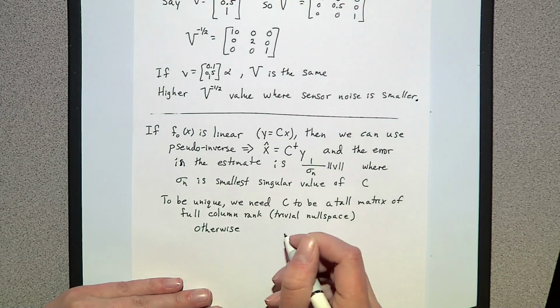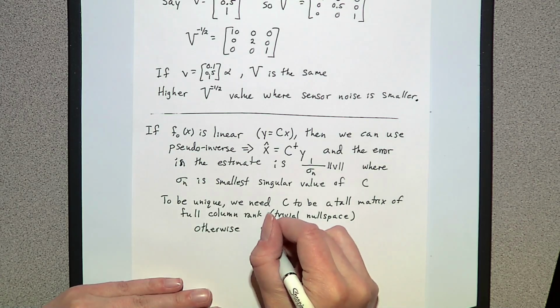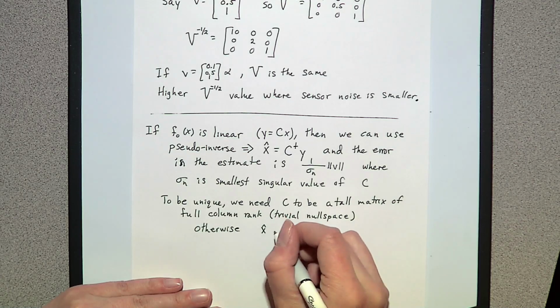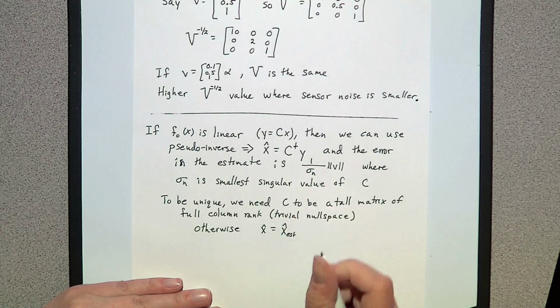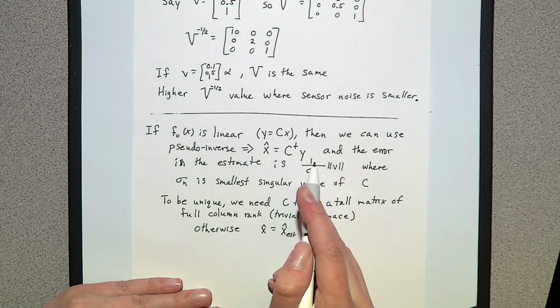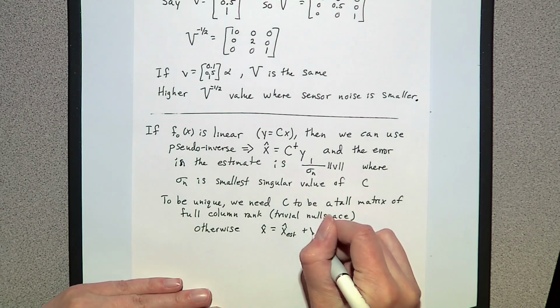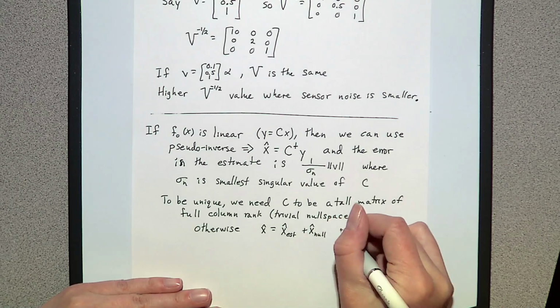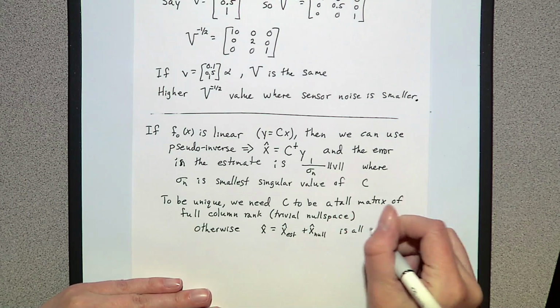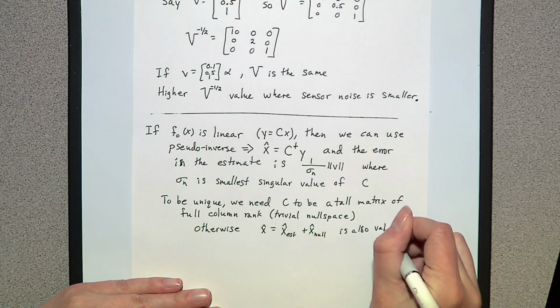Otherwise, what we would find is that x hat, where x hat is our estimate based on this pseudo-inverse, and then we could add an x hat, which is in the null space of C. That's also valid.